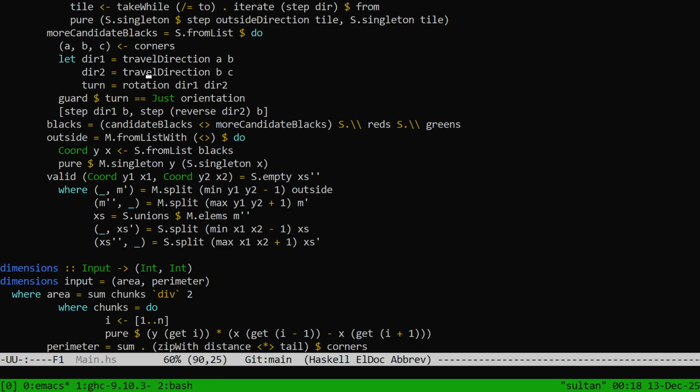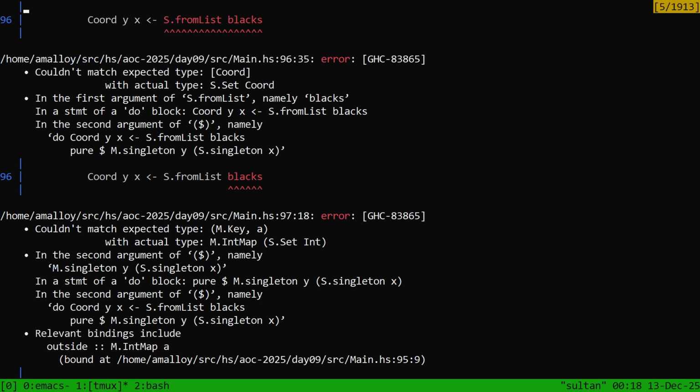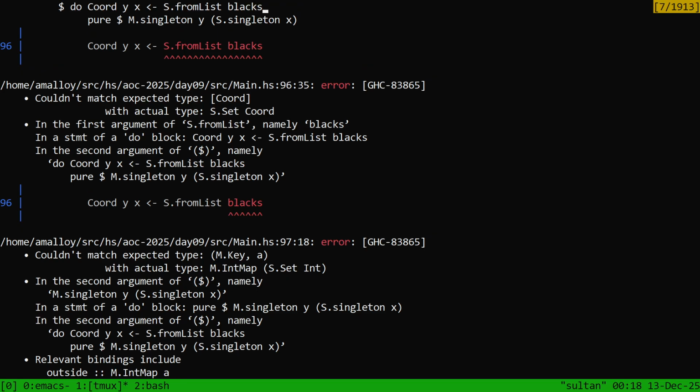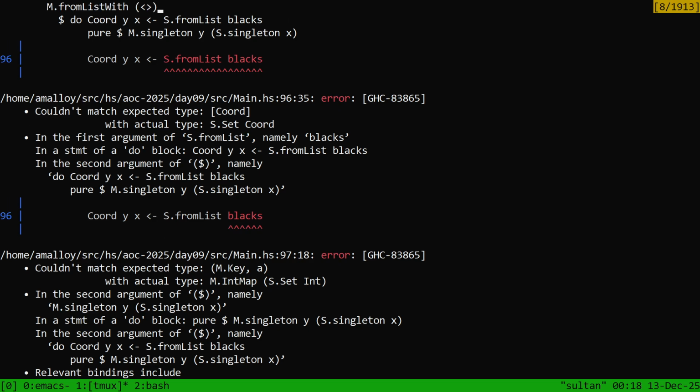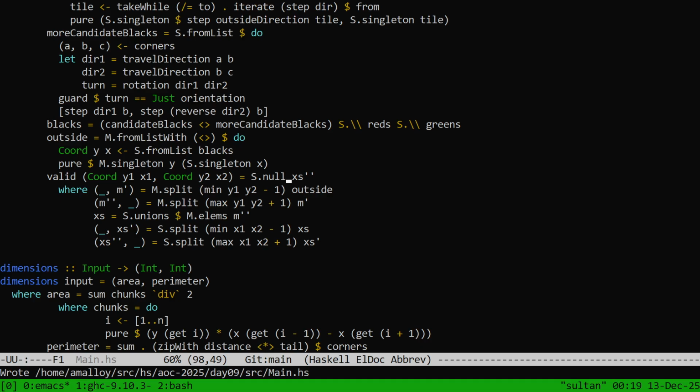Okay, I forgot what I was trying to do. It's not s empty, it's s null. Valid seems to take 2 arguments.